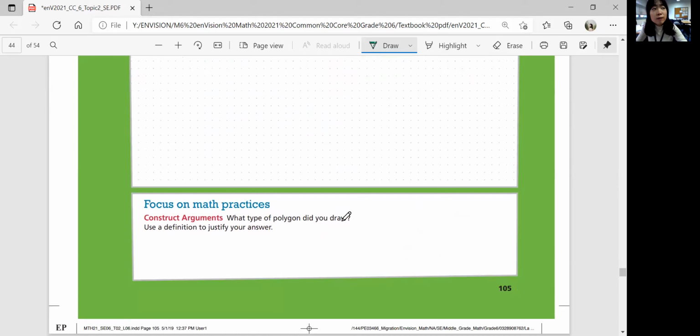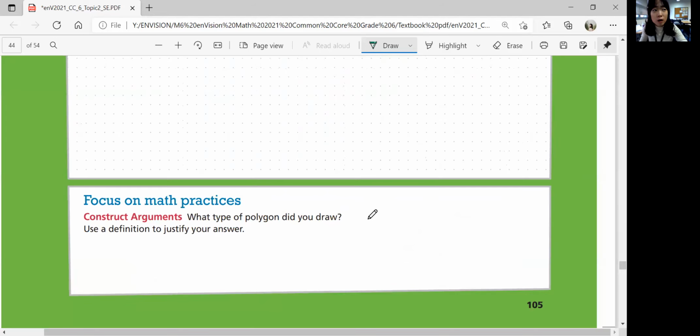Let's look at focus on math practices. What type of polygon did you draw? A rectangle. Use the definition to justify your answer. What is the definition of a rectangle? Okay, the opposite sides are equal length, and also all 4 angles are right angles for a rectangle.